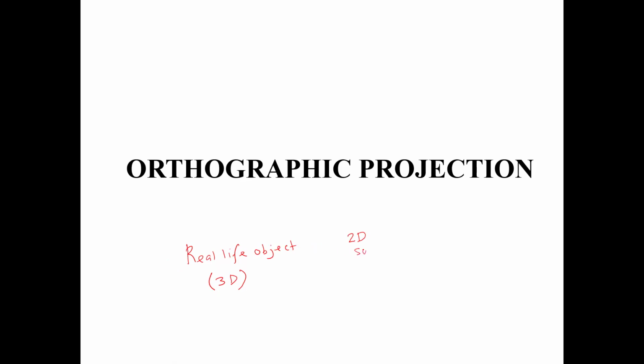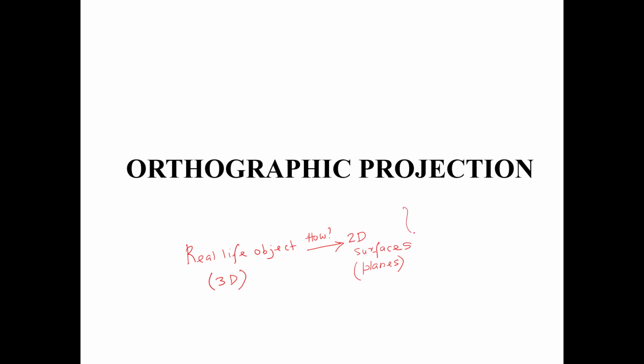So we are always faced with this challenge of representing three-dimensional objects on a two-dimensional surface, or in other words, on planar regions. So how to do this? That was unknown to people dealing with engineering drawing in the early days of implementation of this subject.